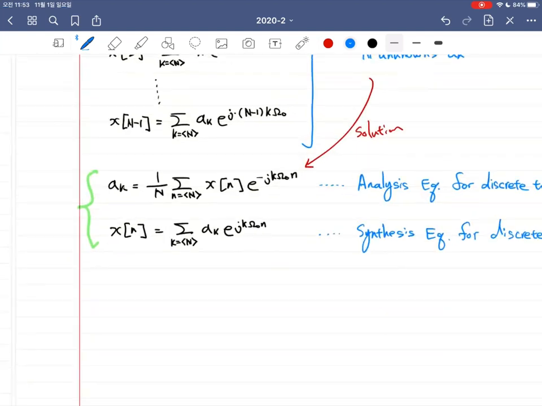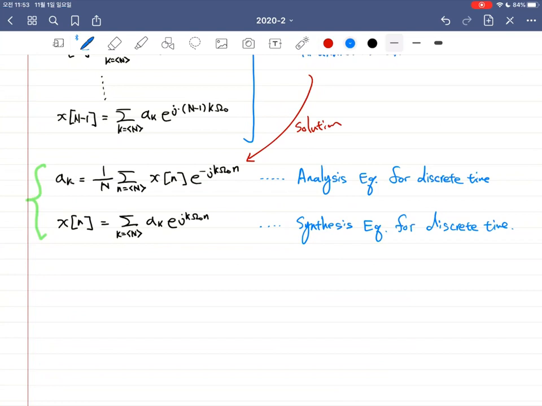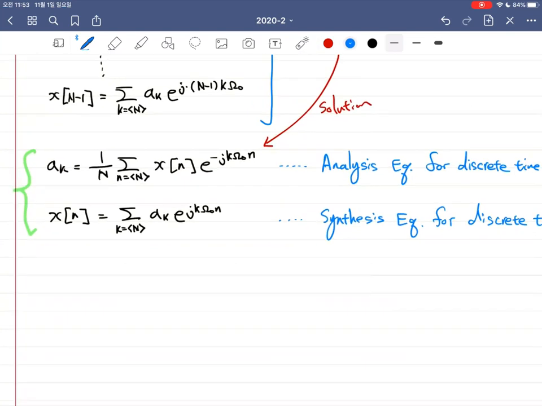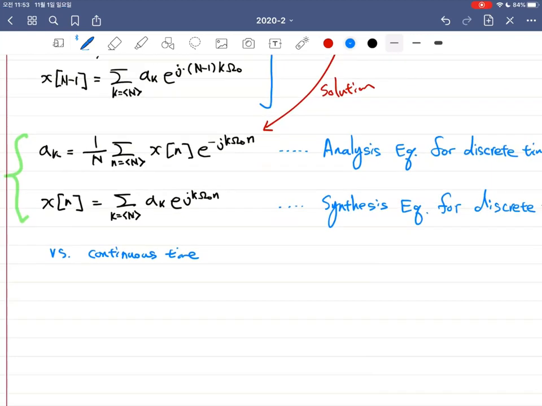Okay, to compare with the continuous time, I will write down this analysis equation and synthesis equation as well. Versus the continuous time, we had this analysis equation of a_k equals 1 over T0, remember?